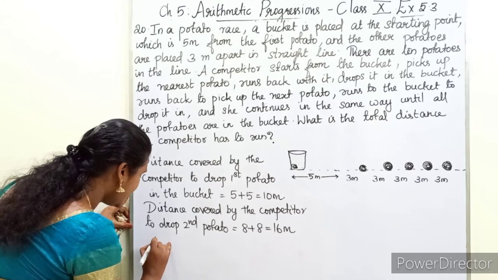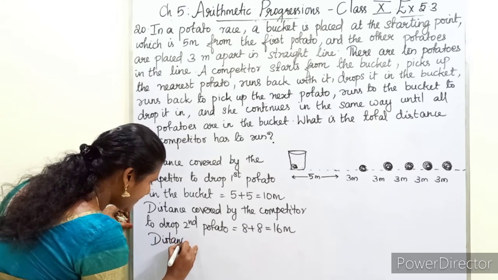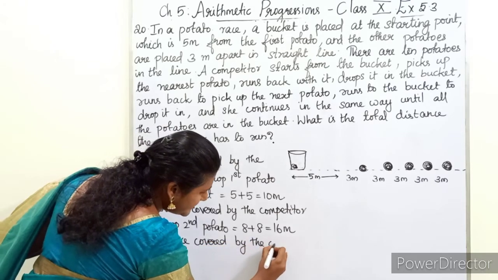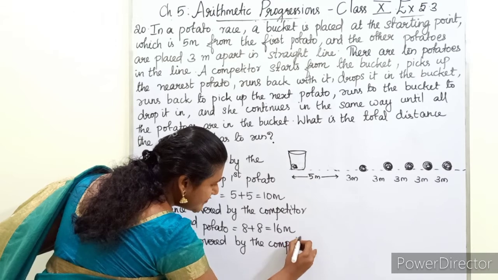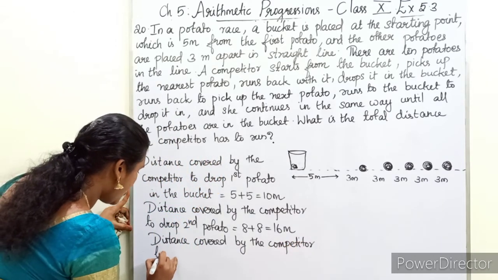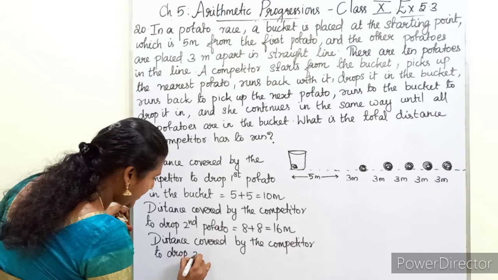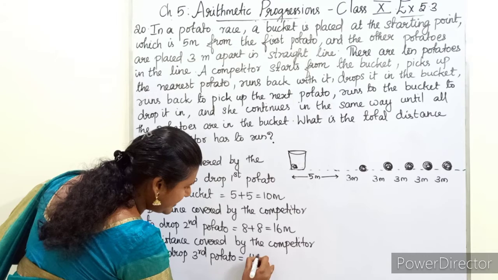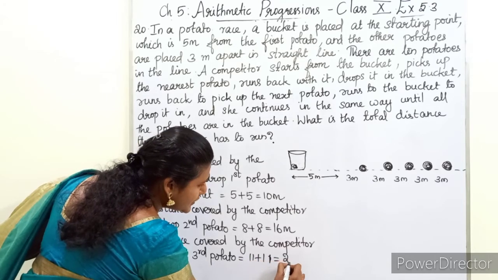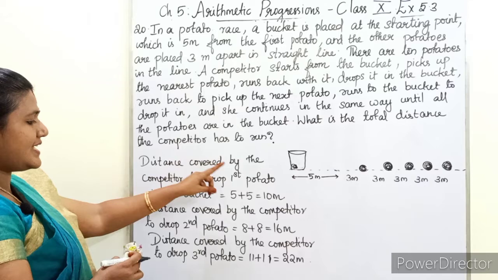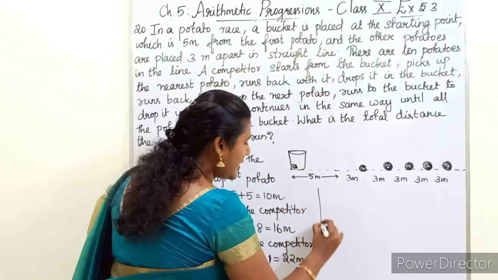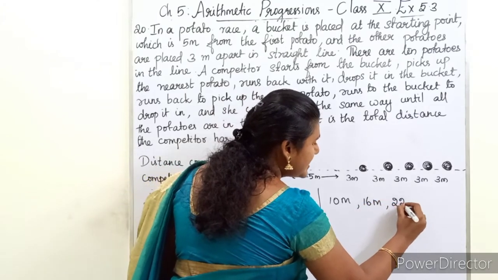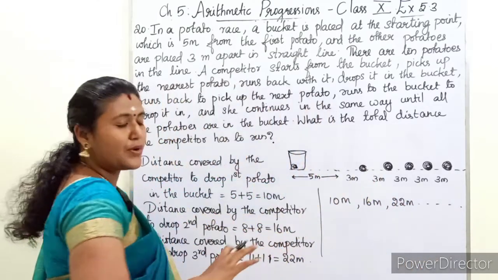So the distance covered by the competitor to drop the third potato is equal to 11 plus 11, which is equal to 22 meters. Now let us see all these numbers: 10 meters, 16 meters, 22 meters, etc. It will keep on going like this.